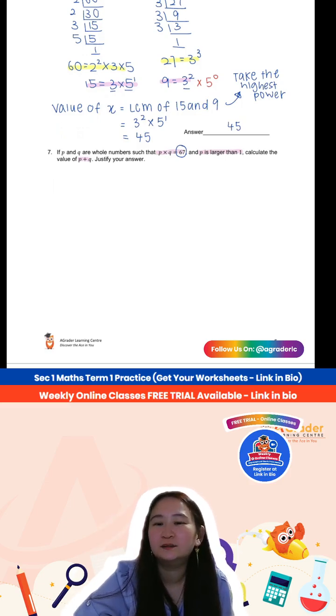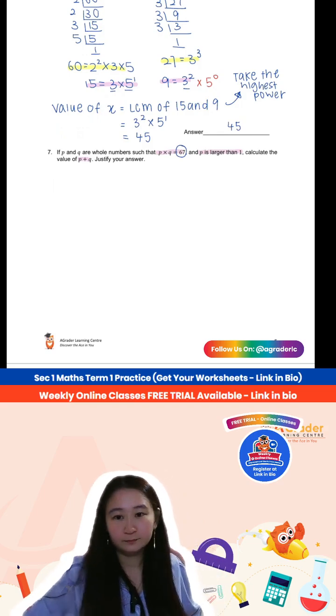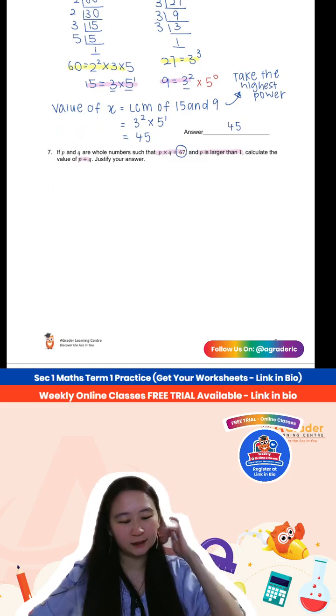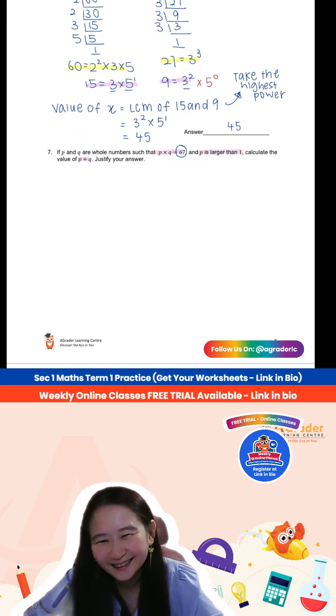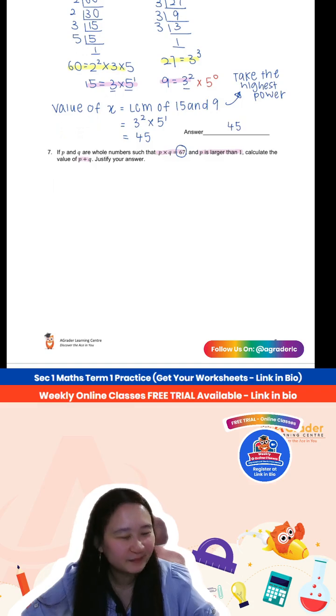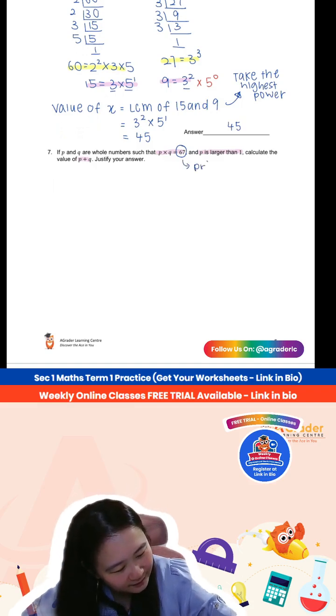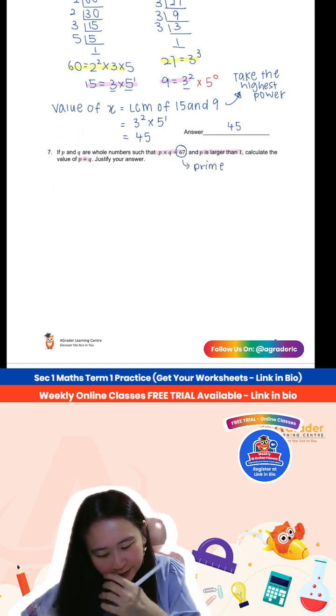You all learned this kind of number in Sec 1 also. Start with letter P. It's a prime number. Yes, correct. Very good. So prime number, very obvious, right?